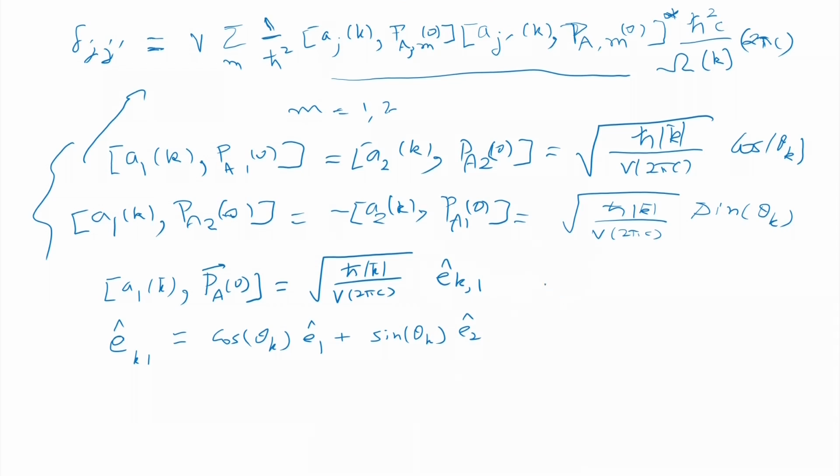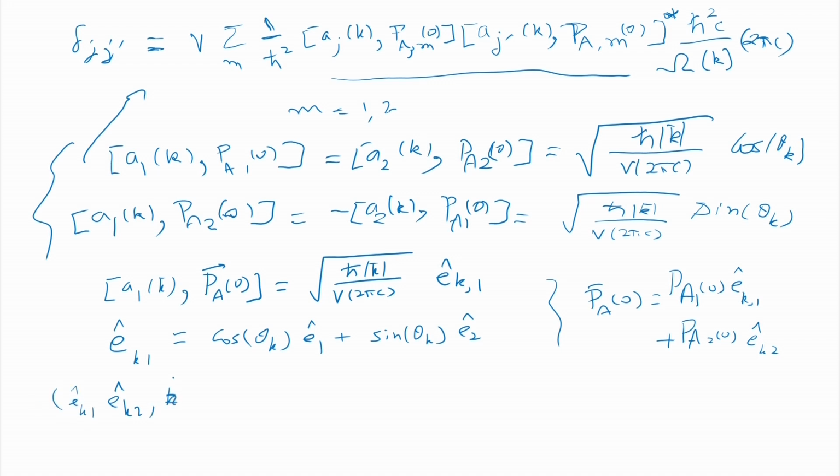Where P1 is also by definition, PA vector by definition is PA1 E1 and so on, like that. So now how do you find the EK2? EK1, EK2 and K form a right triad.